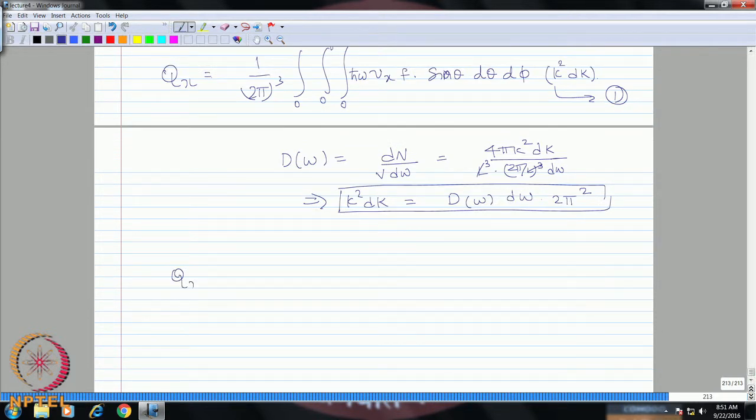So, you will have q x, therefore, will be, so you have 2 pi the whole cube, so this will be 1 by 4 pi, and you have 0 to 2 pi is your phi, 0 to pi is your theta, and frequency 0 to omega max, your h bar omega V x into f into sin theta d theta d phi into d of omega d omega.